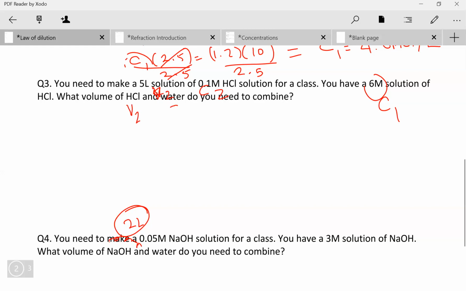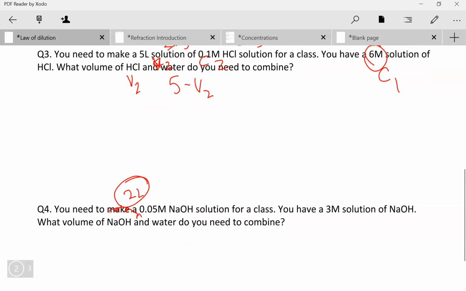And how much water would be 5 liters minus that volume of HCl, because I need to add the HCl, but I need 5 liters in the end. My other volume has to come from the water. So I need to do 5 liters minus whatever HCl I'm adding, and that's how much water I need for my solution.